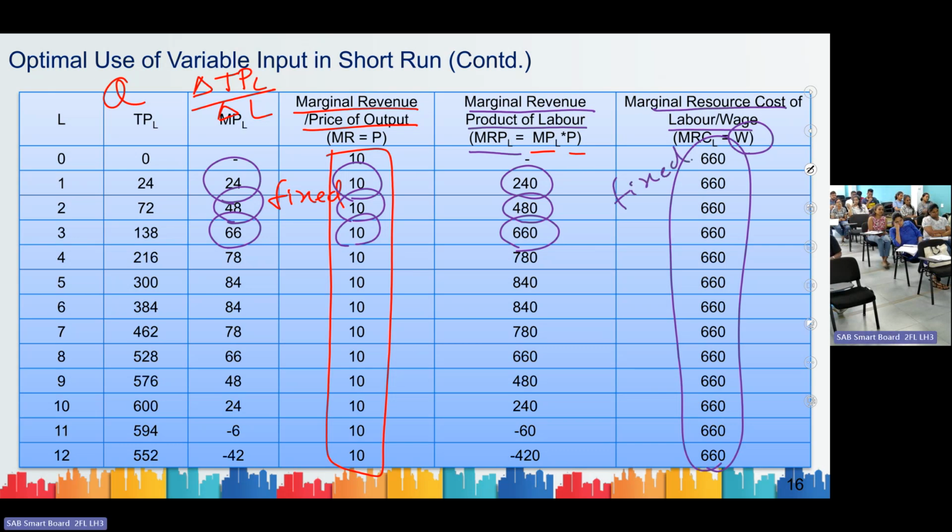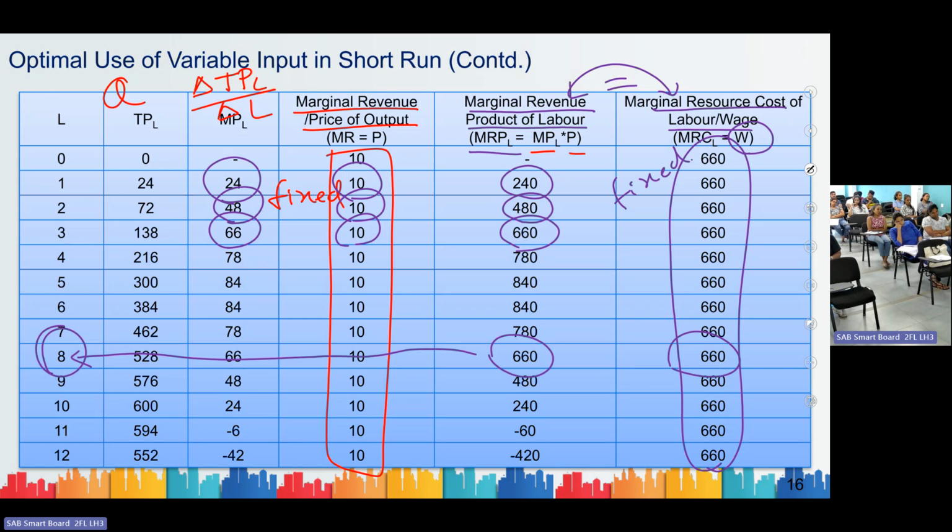So where the optimum level of labor is found, marginal revenue product of labor should be equal to marginal resource cost of labor. So you see, marginal revenue product of labor, marginal resource cost of labor, which is the wage rate, is always 660. So marginal revenue product of labor becomes 660 at this level of labor.